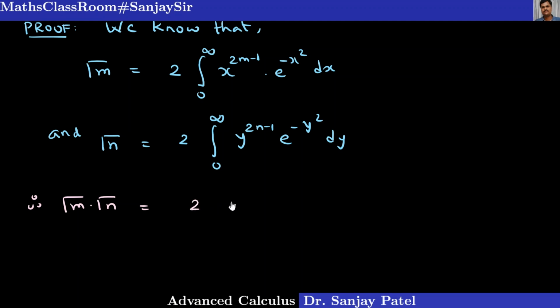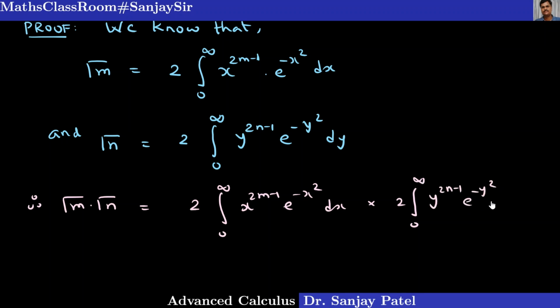therefore gamma m into gamma n is equal to integral 0 to infinity x raised to 2m minus 1 e raised to minus x square dx into 2 times integral 0 to infinity y raised to 2n minus 1 e raised to minus y square dy. And here you note that both of these variables are independent.